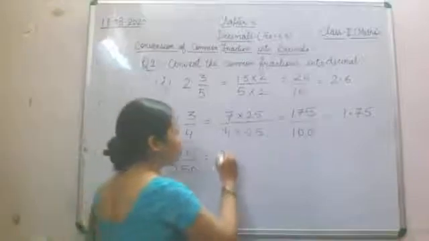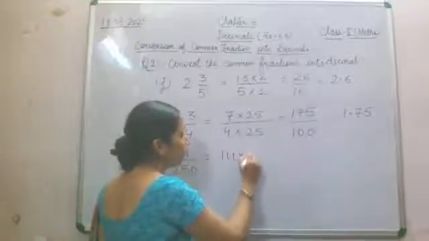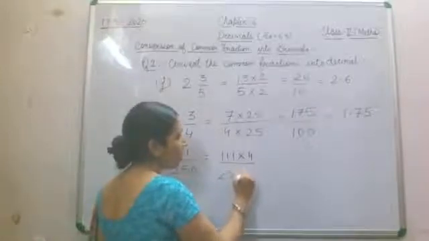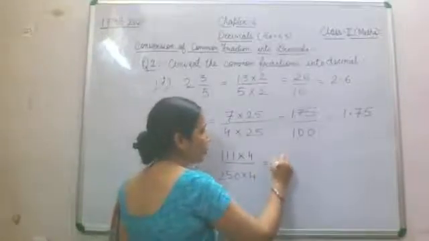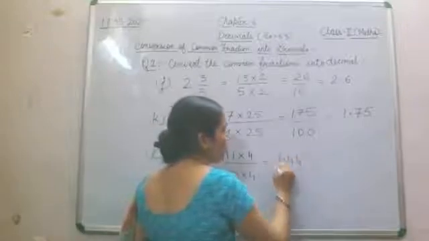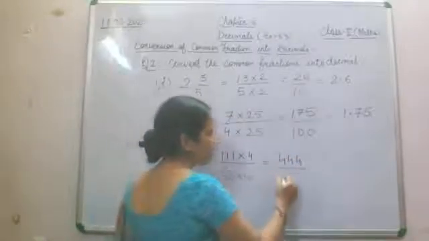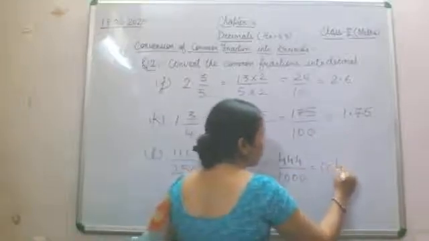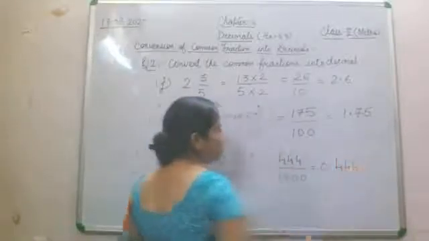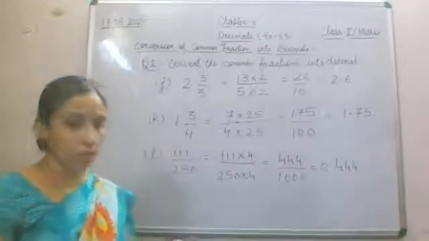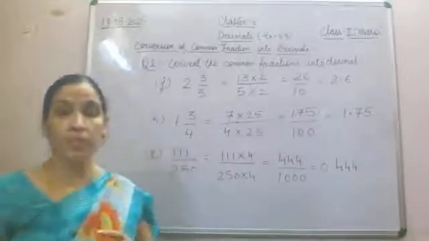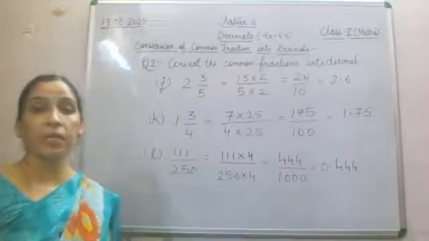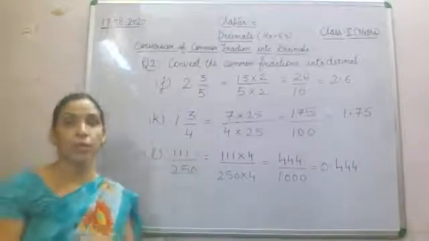So this 111 will be multiplied by 4 and this 250 will be multiplied by 4. So that will become 444 divided by 1000. So what will we get? 0.444. Clear? I hope this concept of how to convert a given common fraction into a decimal is clear.